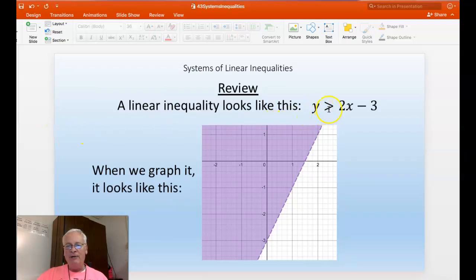This means y greater than 2x minus 3. You graph the line y equals 2x minus 3, but this one is a dotted line because it's not included in the solution. It just says y greater than, so you shade above the line.